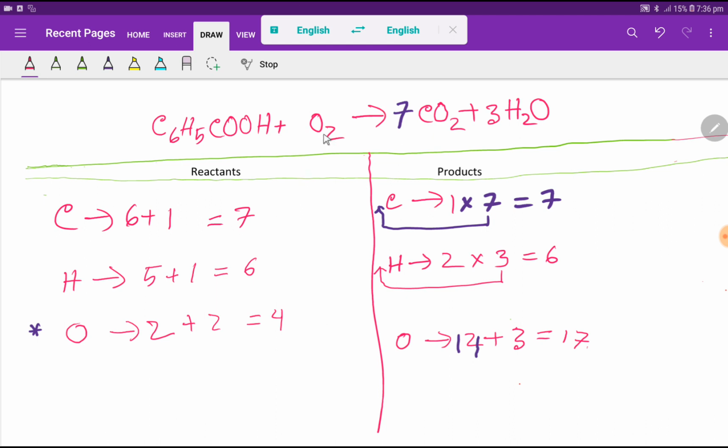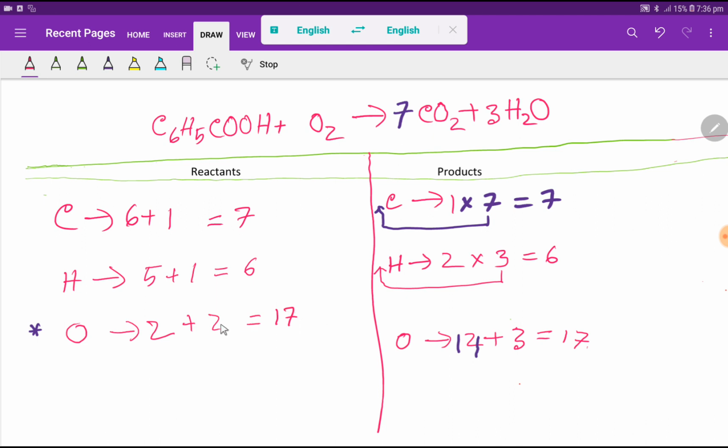But here we only have oxygen, right? So it is easy for us to change the coefficient here. Here the coefficient is 1, so we will change here. So look, we need to make 17, so let me write here 17, right? Okay, so now we need to change here.